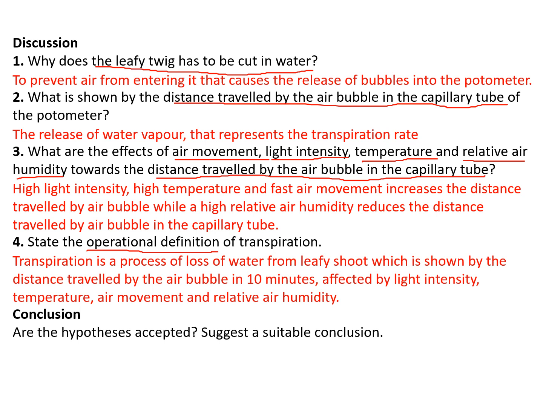Transpiration is the process of loss of water from leafy shoot, which is shown by the distance traveled by a bubble in 10 minutes, affected by light intensity, temperature, air movements, and relative air humidity. You cannot give general definition of transpiration.